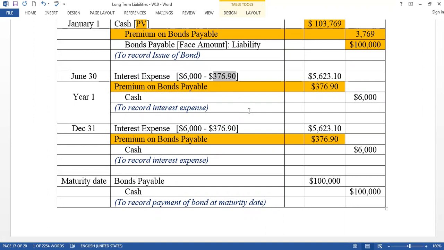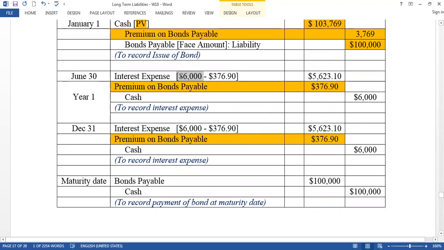Or if you can keep 2 decimal point, no problem. You can make it round figure, or you can make it 2 decimal, no problem. I will not deduct any grade. You can follow either one. So now our interest expense is lower. You can see that.